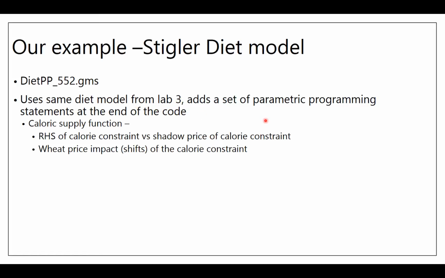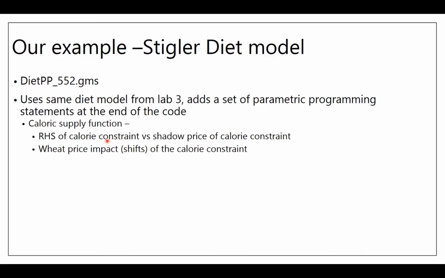But we're going to implement, at the end of the code, some parametric programming statements, and we're going to look at the calorie supply functions. As an initial factor, we're going to vary the right-hand side of the calorie constraint. In this diet model, when you have a low value for the right-hand side, the constraint is not as binding or as difficult to meet, and then we'll increment up.